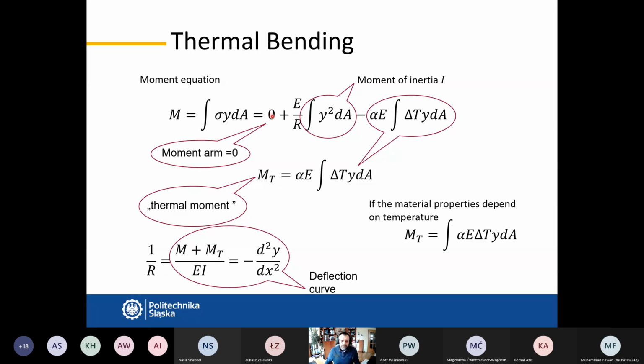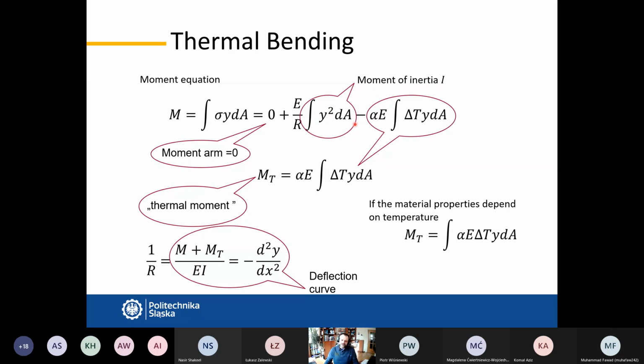Here we have 0 because the force acts in the center, so the moment arm is 0 from the external loading. We have E over R times E times y, and now times y, so we have y squared dA.